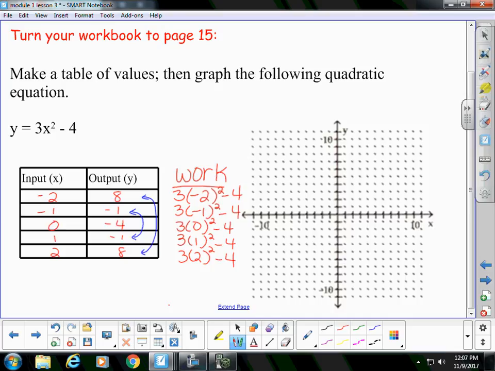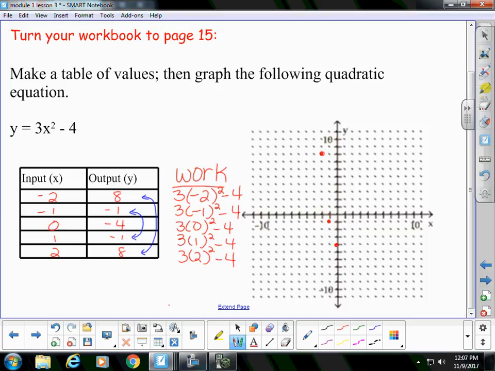Okay, so I got 0, -2, -8. So -2 on the x, and +8 on the y. So going up. -1, so to the left -1, and then down -1. 0, so stay in the middle and go down 4.